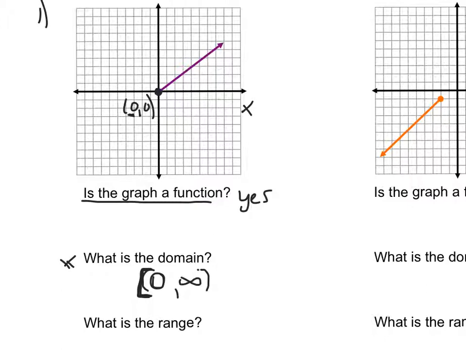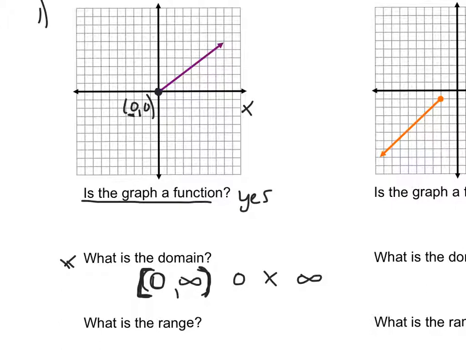Whenever we have infinity, we just use parentheses on the end. The other way you can write this is to put the x in the middle, with the least value, 0, on the left and the greatest value, positive infinity, on the right, using less than or equal signs.